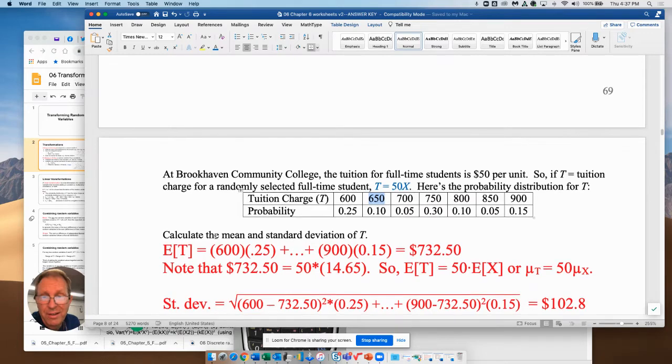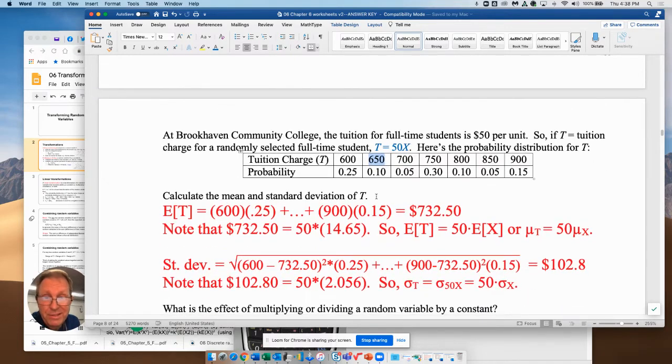And I could go ahead and calculate the mean just like I did before, and you'd see that the mean is now 732.50.